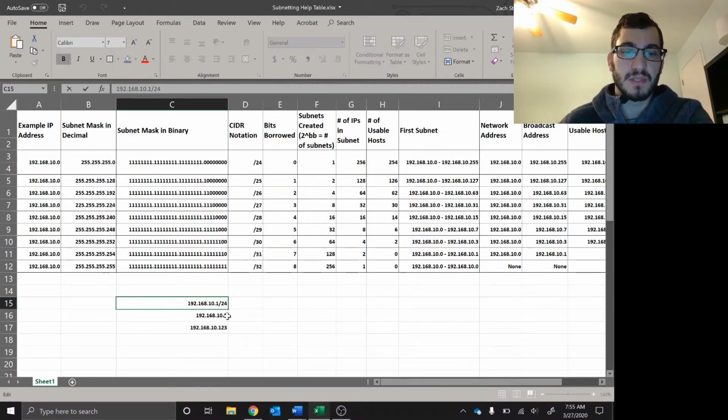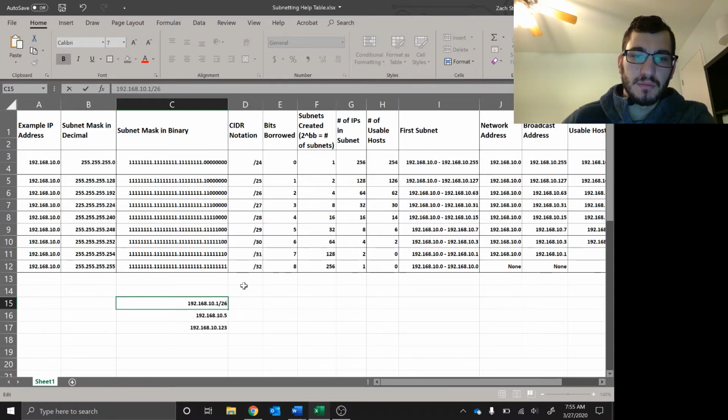But if this was a /26, meaning there's four subnets divided, they wouldn't be in the same subnet, because this right here, 10.5. So if we're in a /26, we'll slide over. Our first subnet is from 10.0 to 10.63.